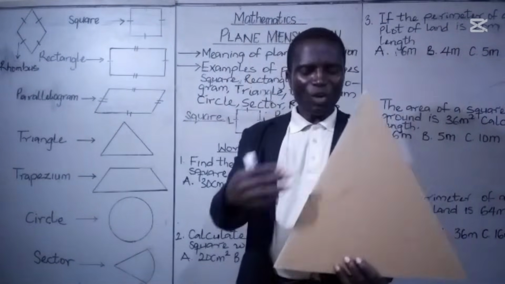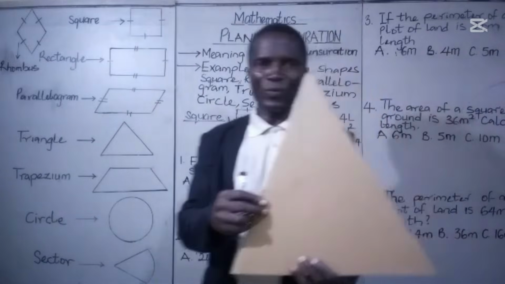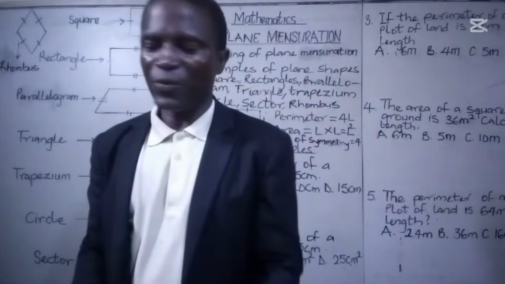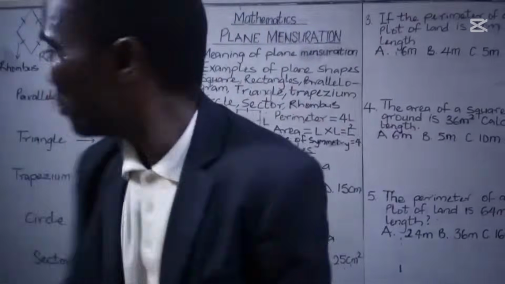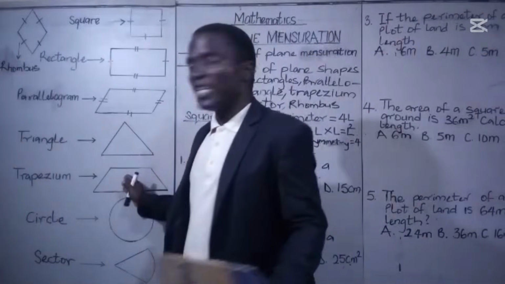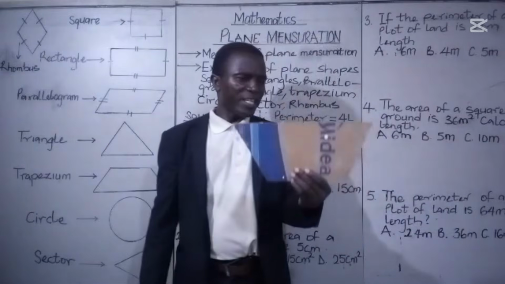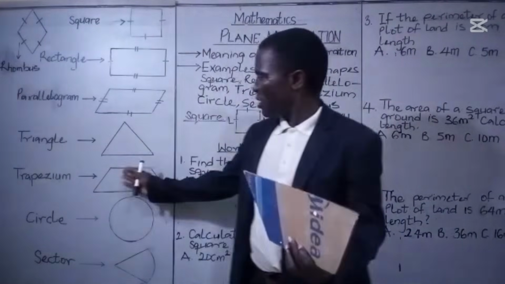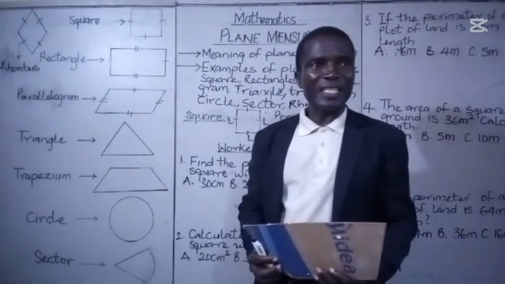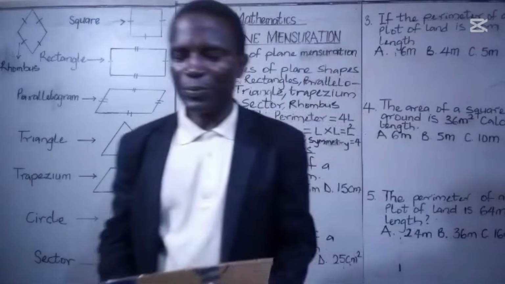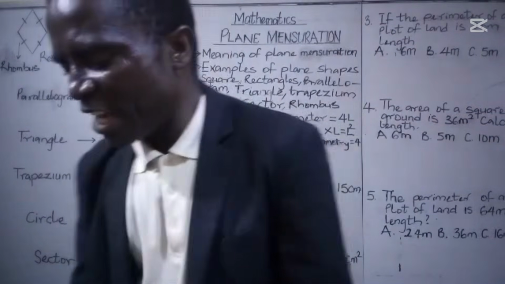Triangle is equally a plane shape. It has only outer surface. There is no inner surface. Another example of a plane shape here is trapezium. You can see it. That is a plane shape.